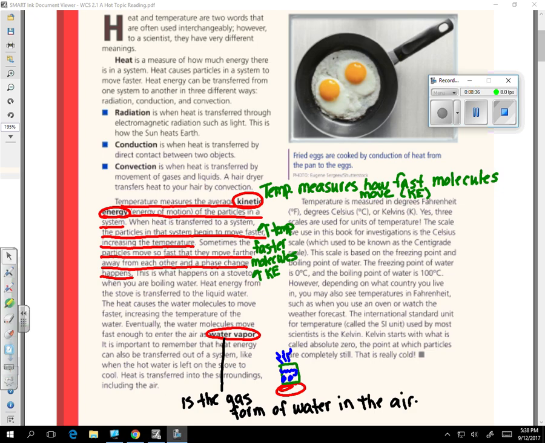So again, if you look at the picture, the water's heating up, so the molecules are moving, and they're moving farther and farther apart and going faster and faster as the temperature is increasing, that you change from liquid basically to a gas, a water vapor.